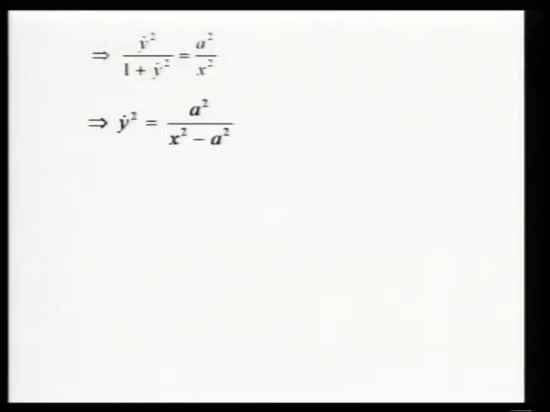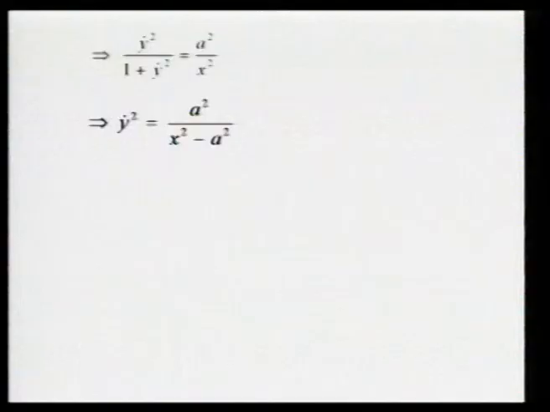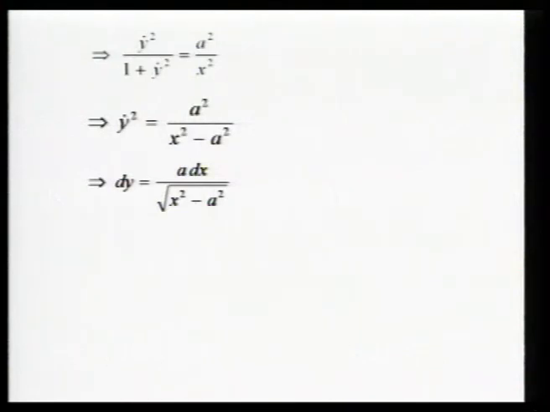And so we obtain y dot squared is equal to a squared over x squared minus a squared. Simplify it again. Take the square root and write dy is equal to a dx over the square root of x squared minus a squared. Now integrate it. How are you going to integrate it?